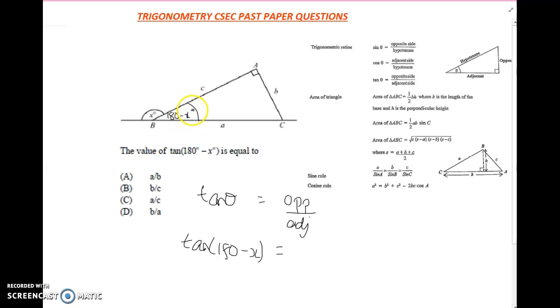So this is my given angle. Opposite the given angle is the opposite side. This is the right angle here, so across here is the hypotenuse. And this is the adjacent. We want to find tan of this given angle. Opposite over adjacent. So that is B over C.